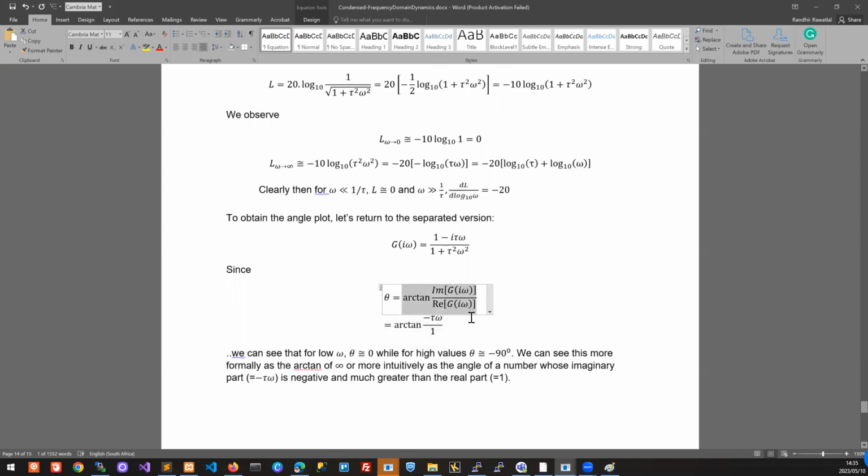So if we think of low values for omega, that means our imaginary part is very small and the real part is fixed, right? The fixed part is always at a value of 1. It's not the actual real part because we've divided the denominators, but anyway, let's compare these two as if we are comparing an imaginary part and a real part. So for very low values of omega, our imaginary part is about 0 and our real part is fixed as a 1.